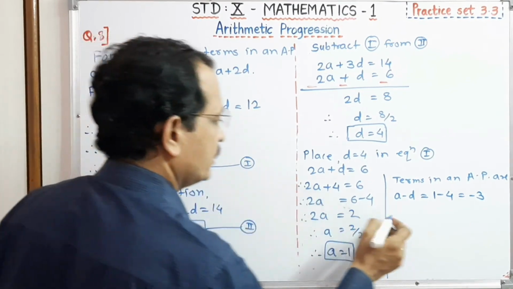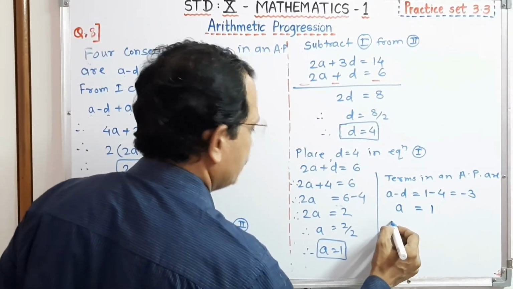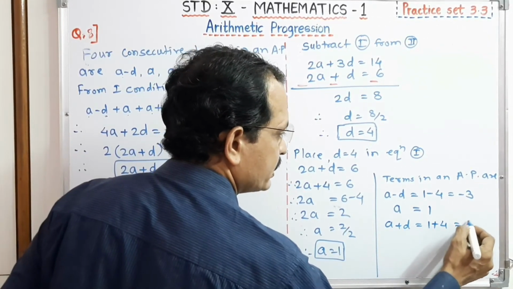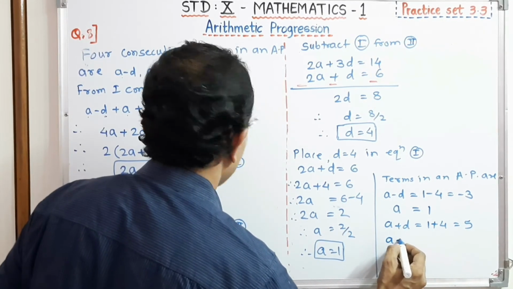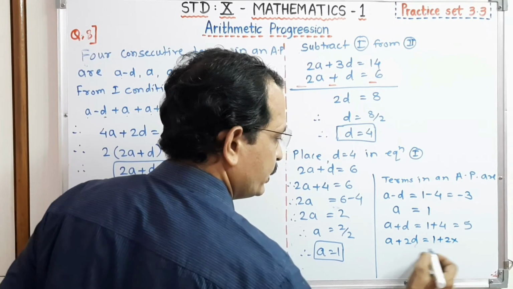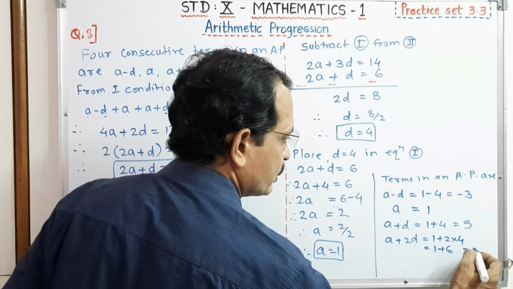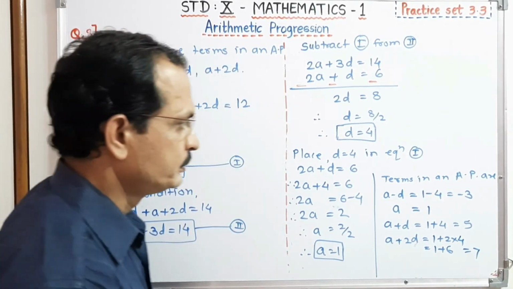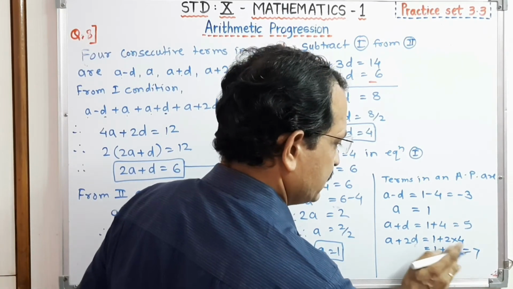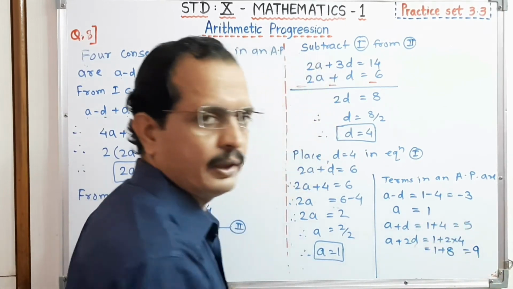Second will be A, that is 1, then A plus D is equal to 1 plus 4, it is 5, and A plus 2D is equal to 1 plus 2 into 4, therefore 1 plus 8 is equal to 9.